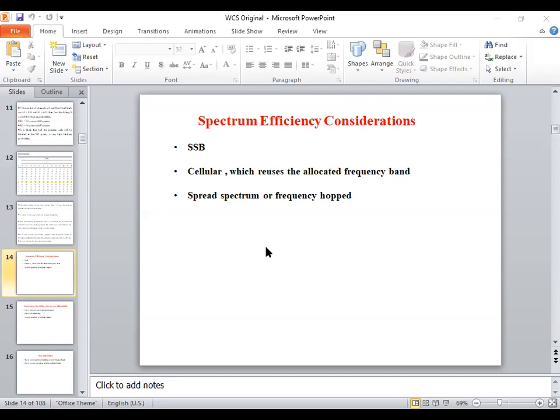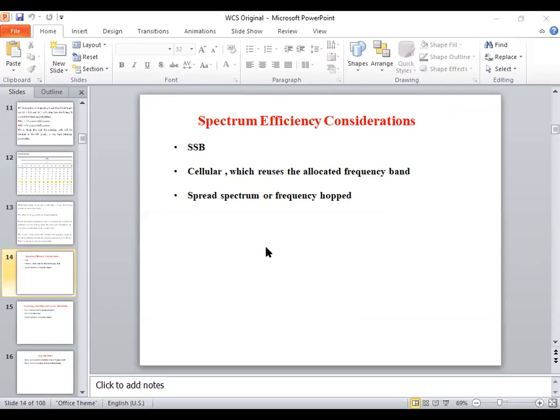The ideal mobile telephone system should operate within a limited assigned frequency band and serve an unlimited number of users in unlimited areas.